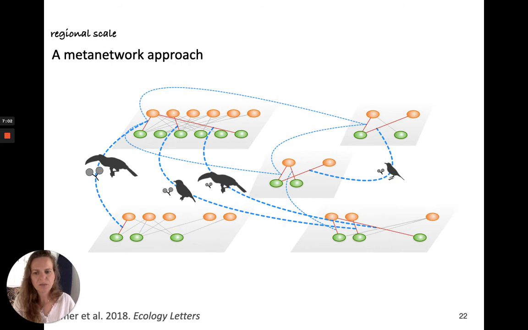Here we use what we call the meta-network approach, in which we look at what's going on when we scale up these local networks. So the important point here is what is connecting this landscape.